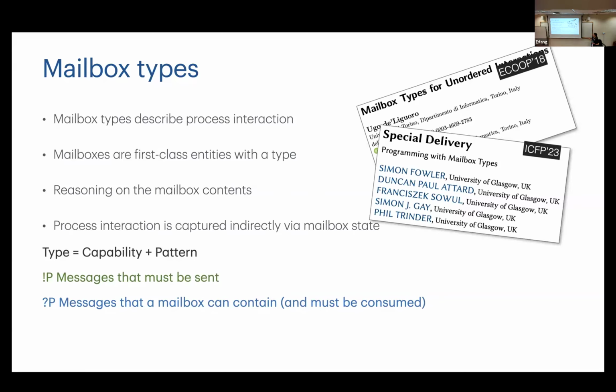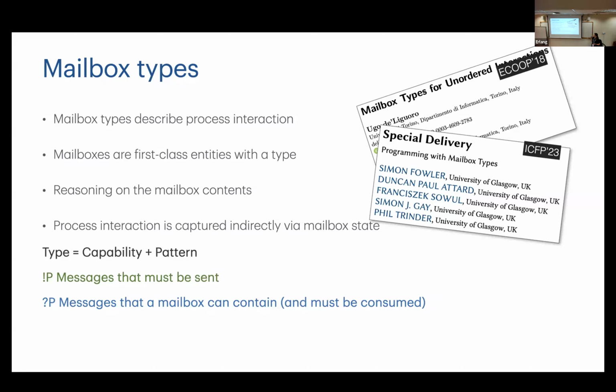In here, mailboxes are first-class entities that are typed themselves, rather than typing the processes as you would have with other behavioral types. And the process interaction is then implicitly captured via the mailbox state at any given time.